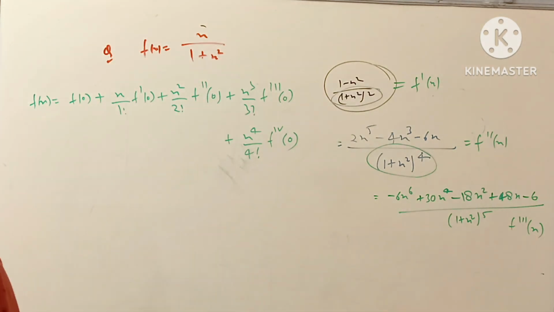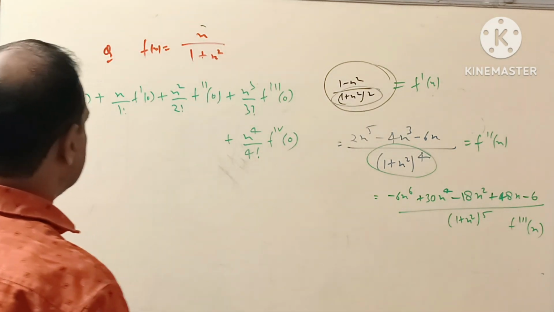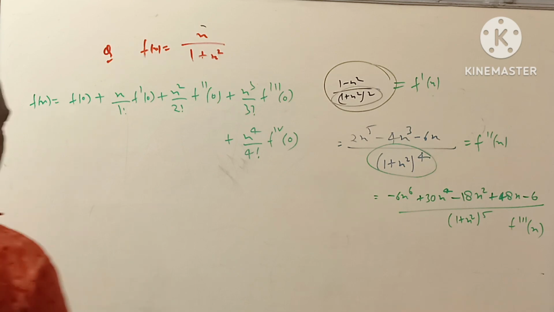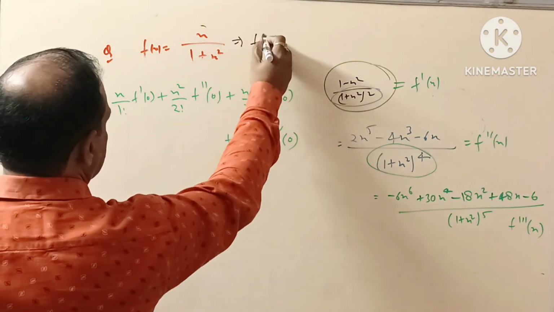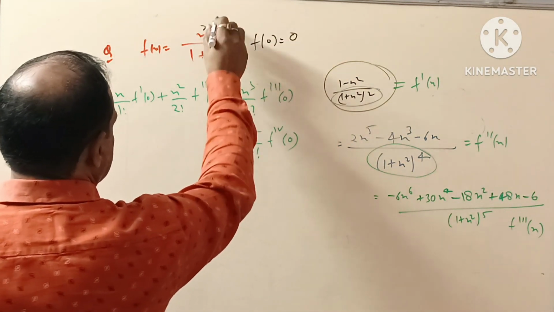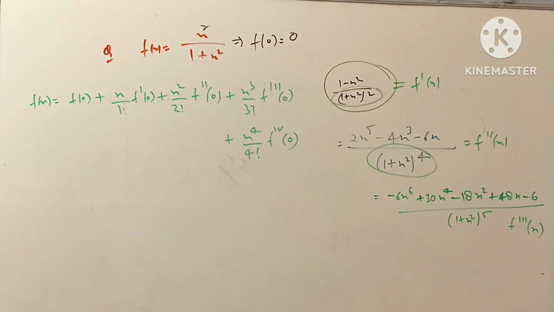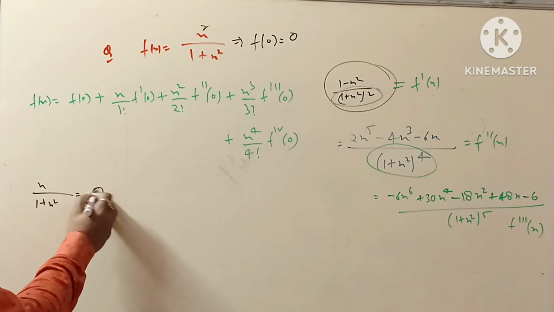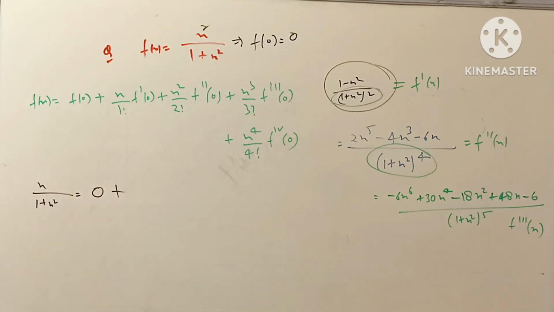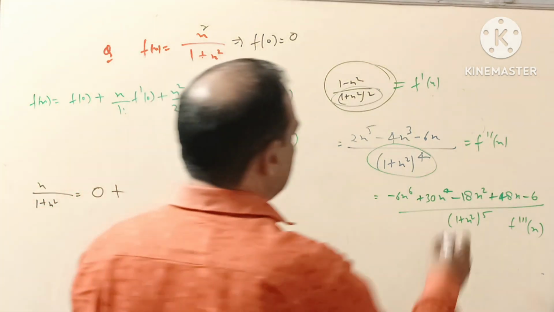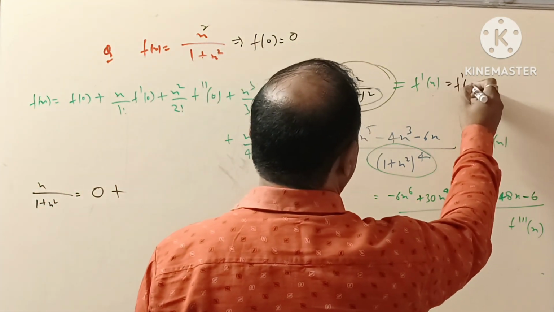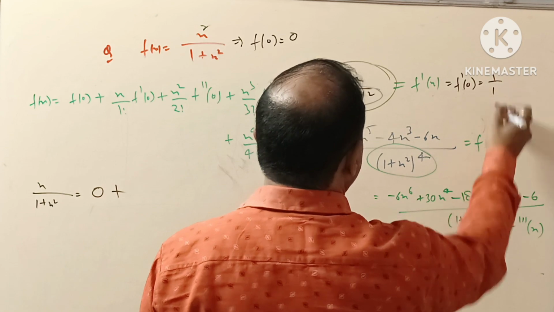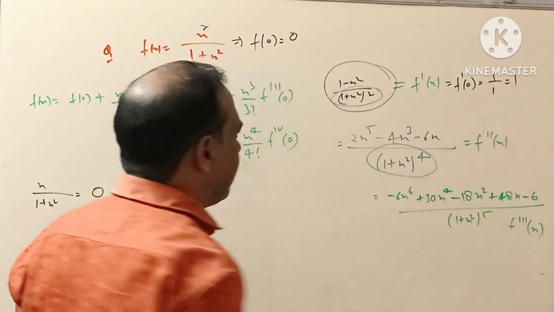Now in the 3 parts, what I have to do is put x as 0. When I put x as 0 in f(0), I will have 0, because x is 0 and everything will become 0. Here f(x) is x over 1 plus x square, so it is 0. Second, f dash 0: if I put 0 here, I will have 1 over 1, which is equal to 1.